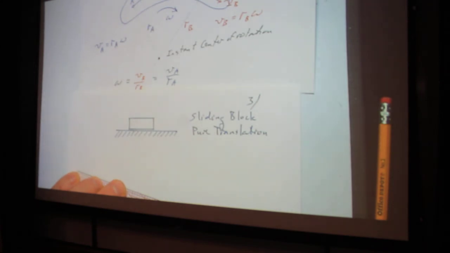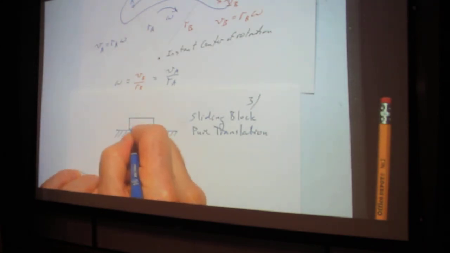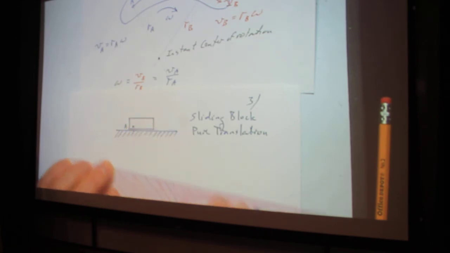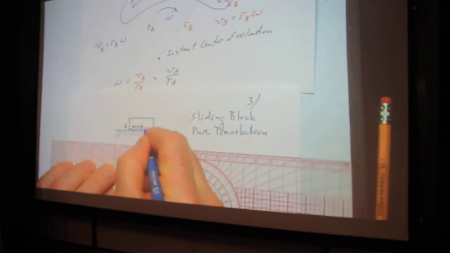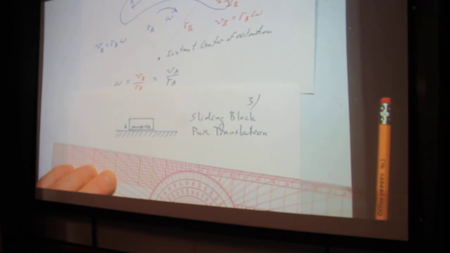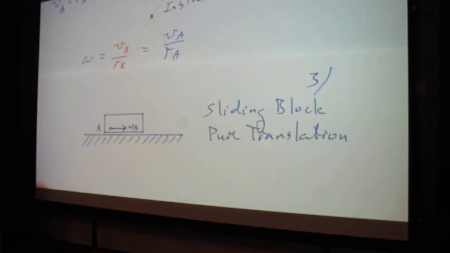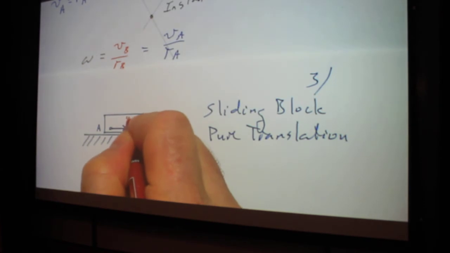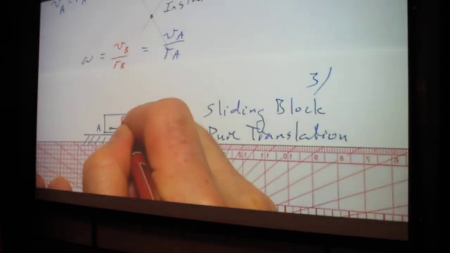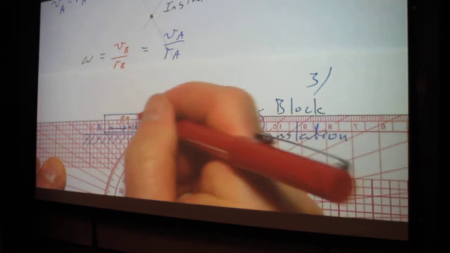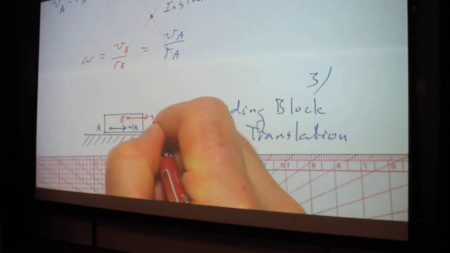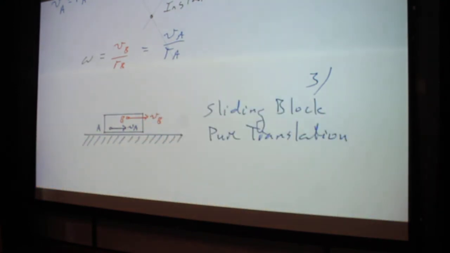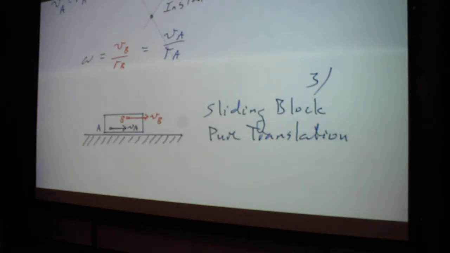Okay? And if I pick a couple points on the sliding block, if this point is A, I know that the velocity of that, say, is looking like this. So this is a velocity. And then say if I pick another point, say here, and I'll call that point B, I know that its velocity will be of the same length and the same direction as A. Okay? So this right here, let me put a line under it to denote it is a vector.